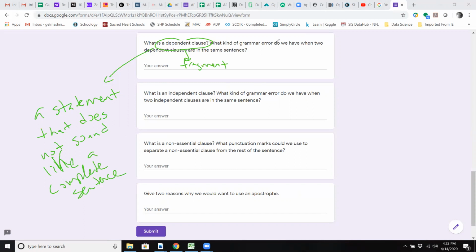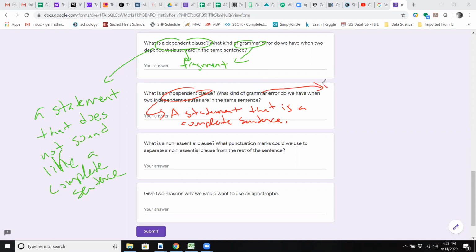And that's grammar we would have. An independent clause is the opposite. It is a complete sentence. But what type of error do you have when you have 2 of those? That'd be a run-on.